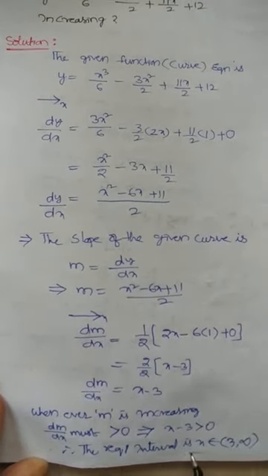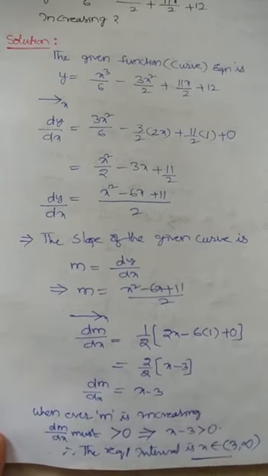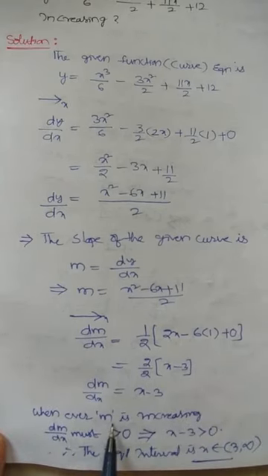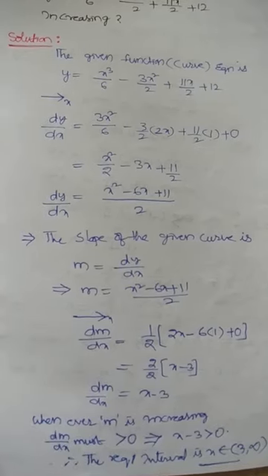On this interval, if you choose any point, it will satisfy this relation, so that m must be increasing. The slope of the curve would increase, so whenever the slope of the curve should increase, then x must lie on this interval: x belongs to (3, infinity).